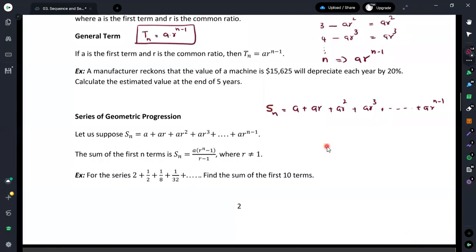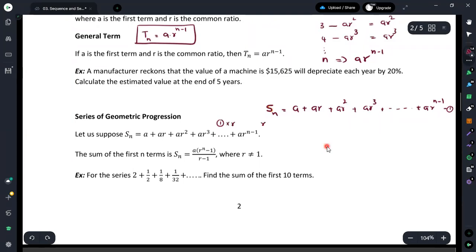Now, using the proving technique, we take the summation as Sn. For the proof of this equation, we multiply the first series, which is our series 1, with r.